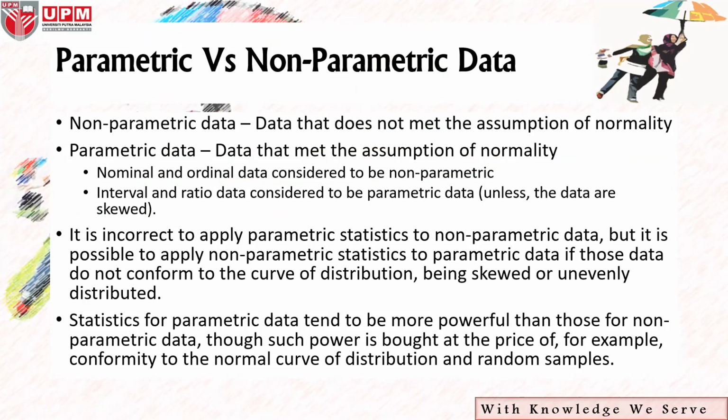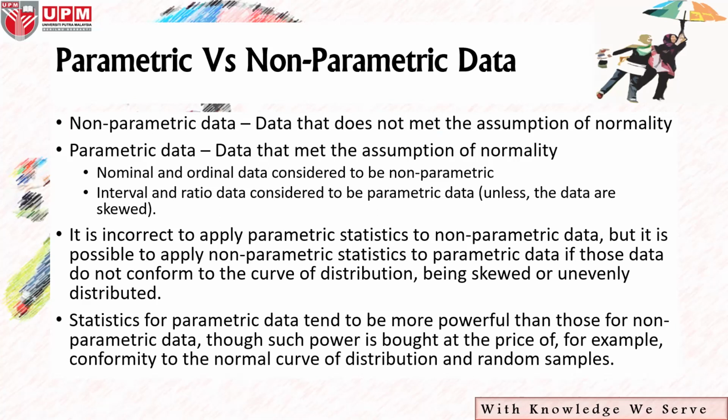But it is possible to apply non-parametric statistic to parametric data if those data do not conform to the curve of distribution being skewed or unevenly distributed. If you have the data that does not fulfill the requirement of normality, you cannot use the parametric test. You only can use the non-parametric statistic.